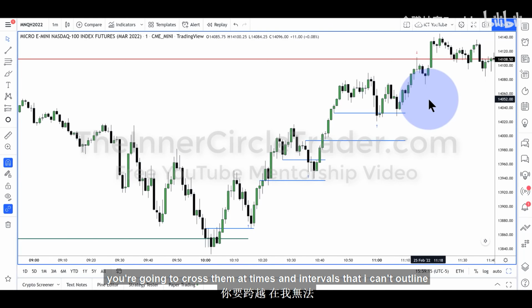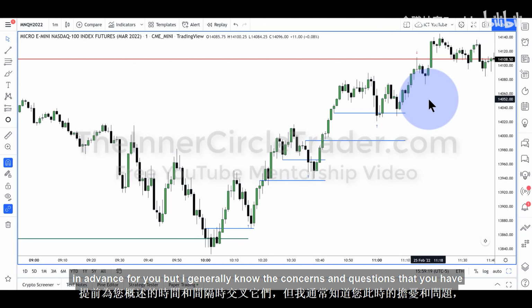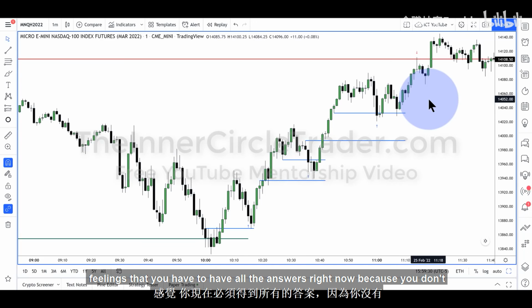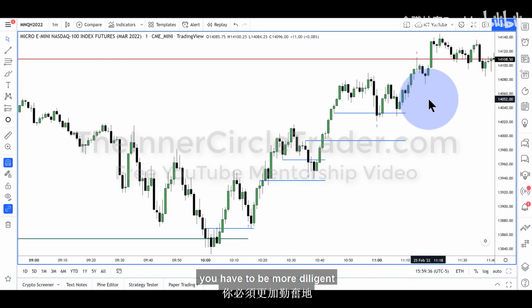These are all bridges that you're going to cross. You're going to cross them at times and intervals that I can't outline in advance for you, but I generally know the concerns and questions that you have at this point. My request to you is to suspend those feelings that you have to have all the answers right now, because you don't.